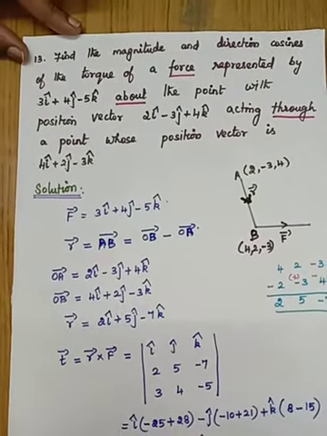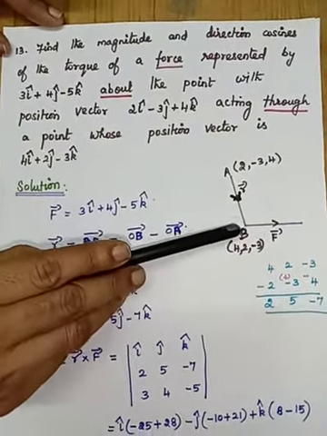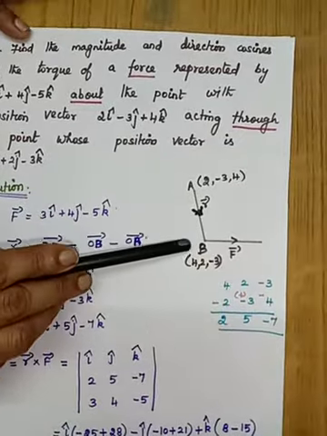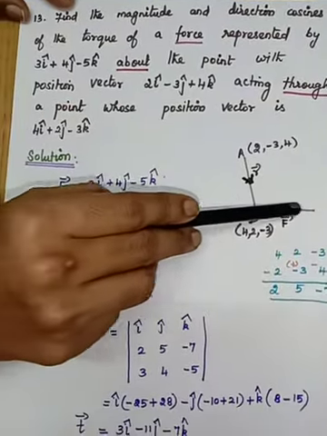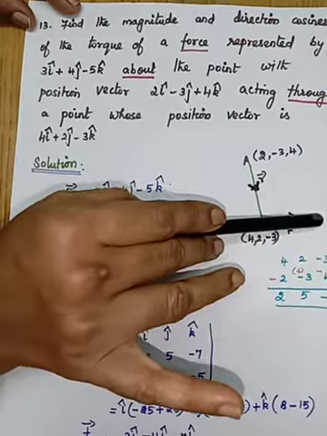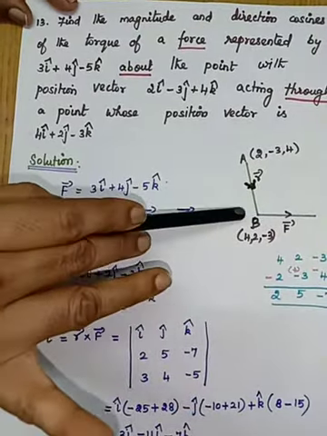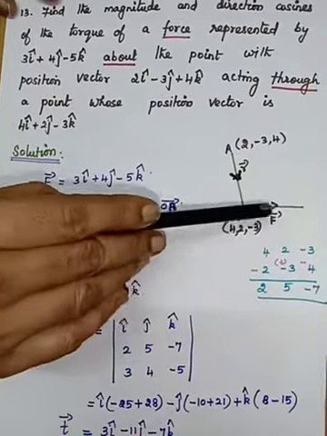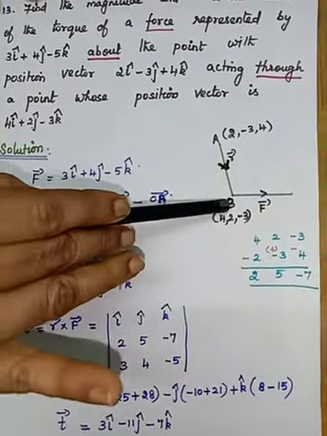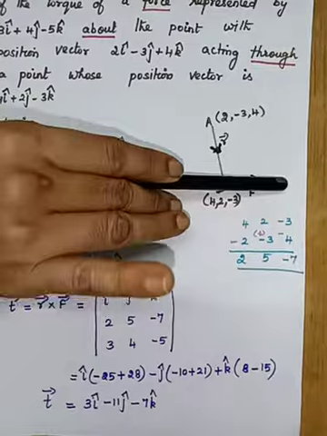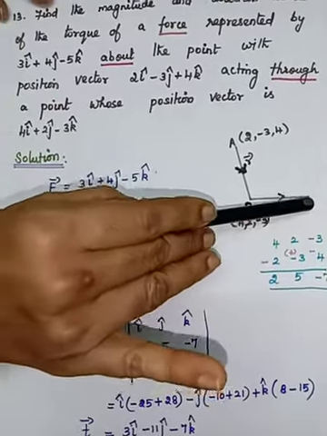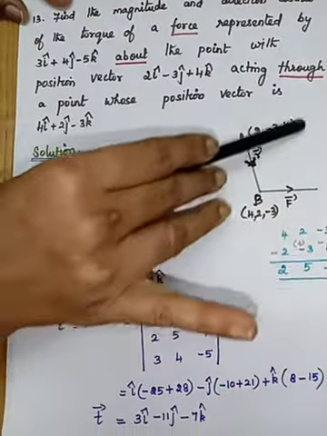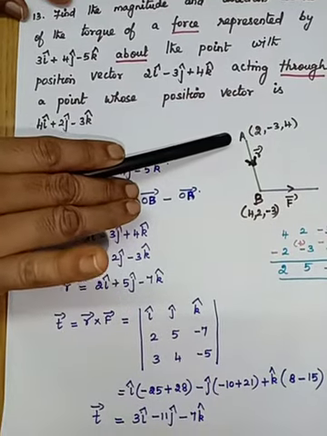You see that here the force is acting through the point B on a particle. Here you will have particle. So the force is acting through the point B. How much amount of force is acting through the point B to the particle so that the particle turns about the point is called the moment.